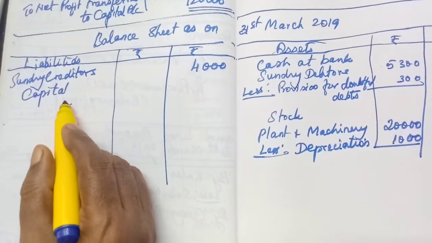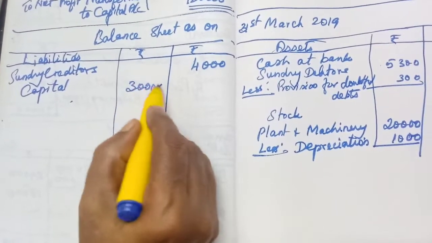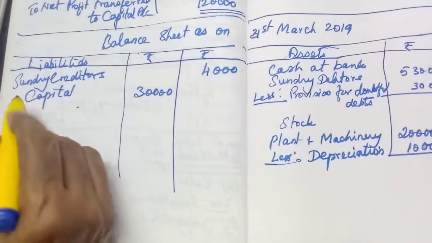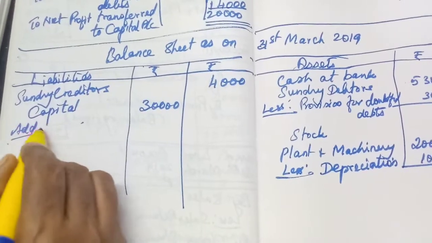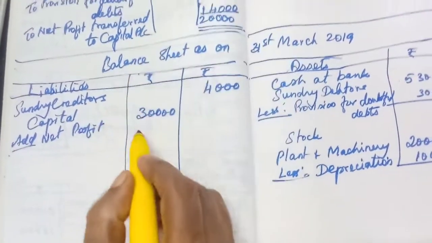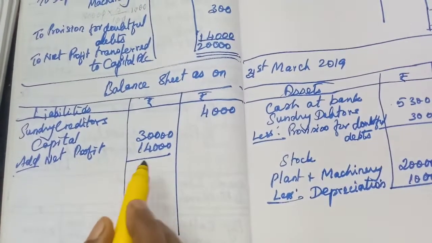What is the opening capital we have calculated? 30,000. To that 30,000 we have to add net profit. Net profit is 14,000.